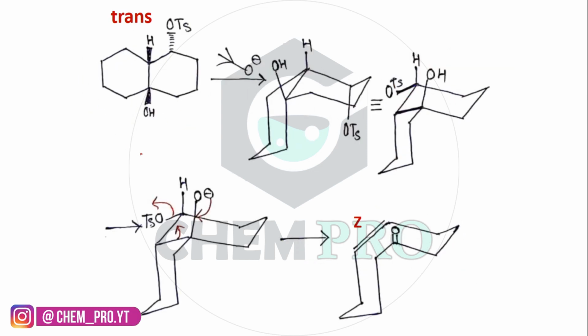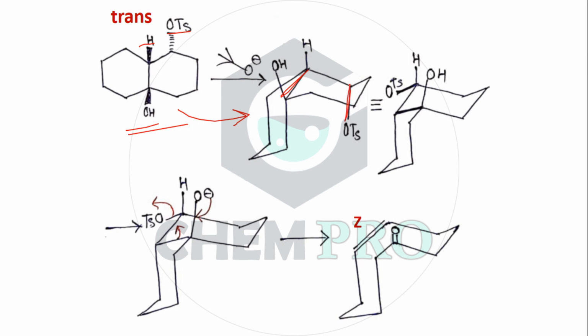Now next is cis-decalin, and the hydrogen and the OTs are trans to each other. We can write this cis-decalin like this, but here the C-C bond and the OTs are syn to each other in this conformation.